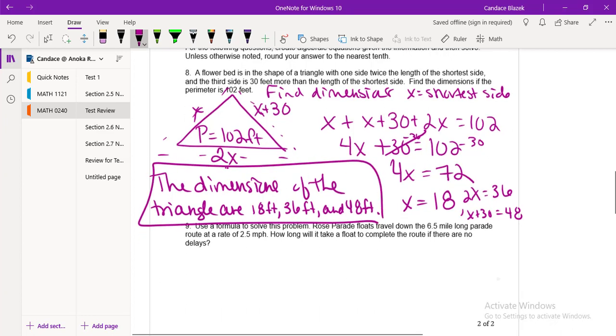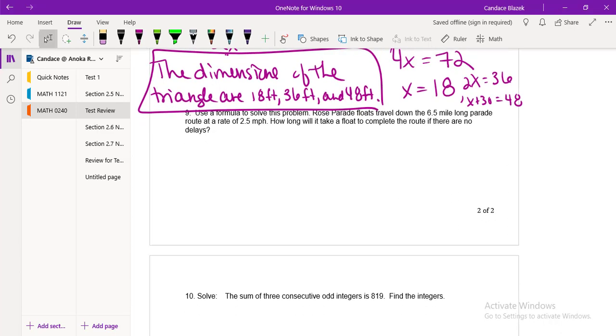Moving on to the next example. Use a formula to solve this problem. Rose Parade floats travel down the 6.5-mile long parade route at a rate of 2.5 miles per hour. How long will it take the float to complete the route if there are no delays?